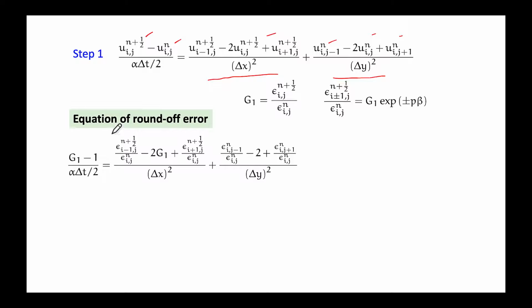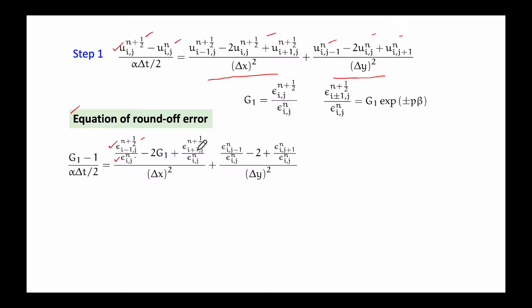So now we can have this equation of round-off error. I take that error mode and put it in place of u, and then I divide both sides by epsilon_ij^n. So in the left side I get (G1 minus 1) divided by alpha delta t by 2, and in the right side I have epsilon_(i-1,j), epsilon_ij and epsilon_(i+1,j) at n plus half.